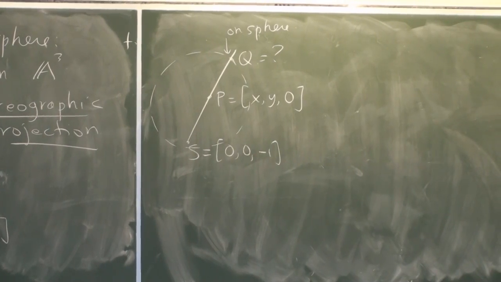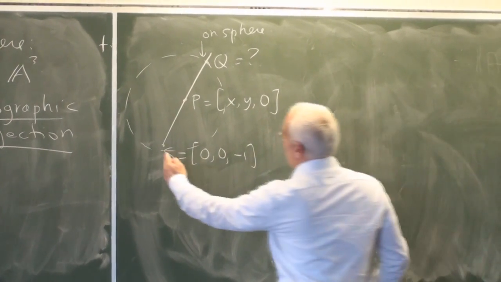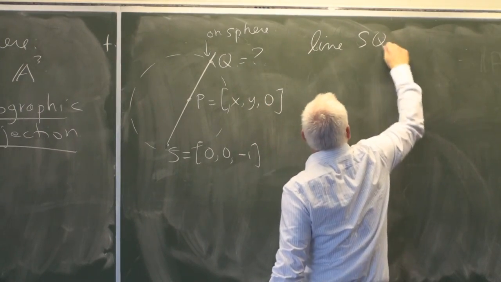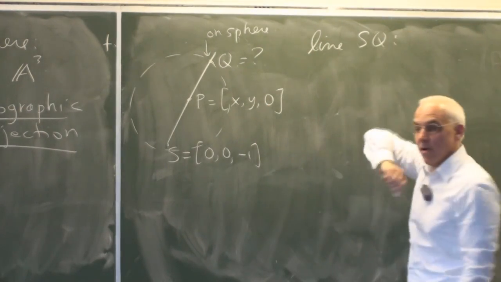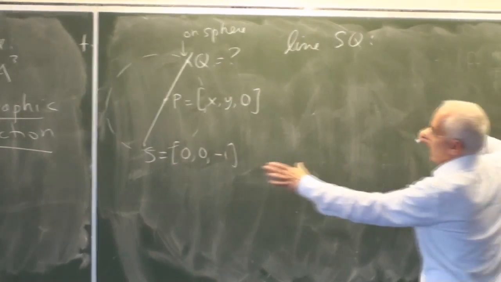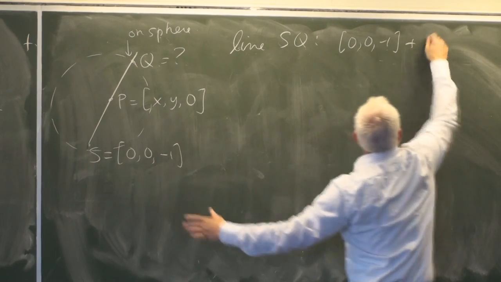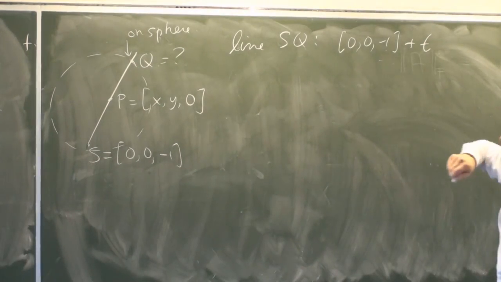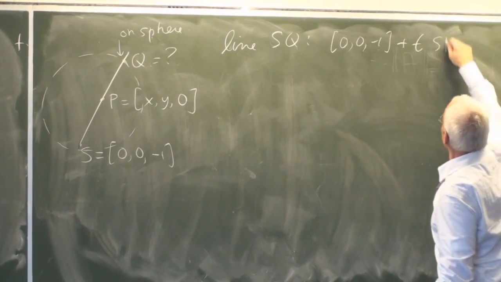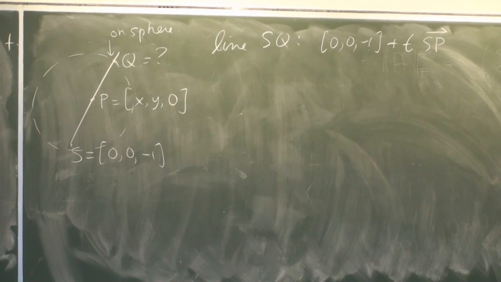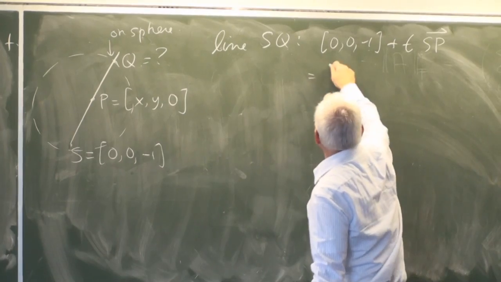Okay, so what I propose to do is describe this line. The line SQ is described in vector form by saying, well, we are starting at the point 0, 0, minus 1, and we're going any multiple t of the vector SP. What's the vector SP?